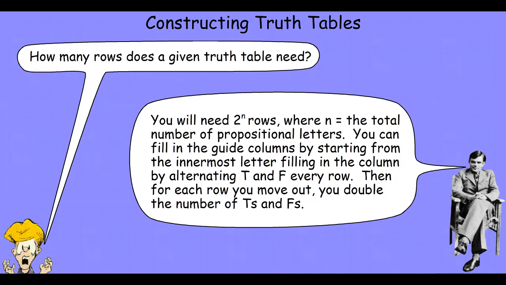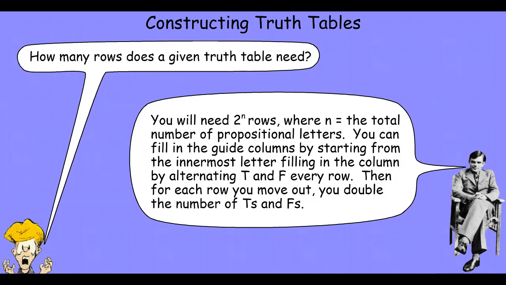Once we do that, we can make sure that we capture every possible combination of truth values by filling in our guide columns in this very systematic and mechanical way. We'll start with the innermost simple statement, the one closest to the crosshairs, and we'll alternate true, false, true, false, true, false, true, false until we get to the number of rows we need.